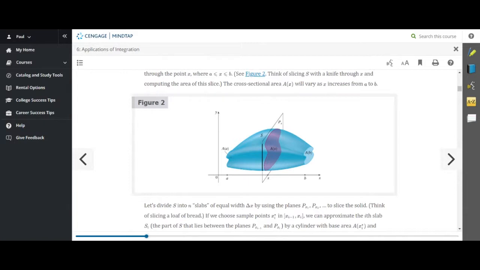And that cross-sectional area of the cut is a function of x, because if we were to cut the solid in different places for different values of x, the cross sections are going to look different, and so the areas of the cross sections are going to be different. That's why the cross-sectional area varies as x increases from a to b. So that cross-sectional area A has to be a function of x. Are there any questions so far?